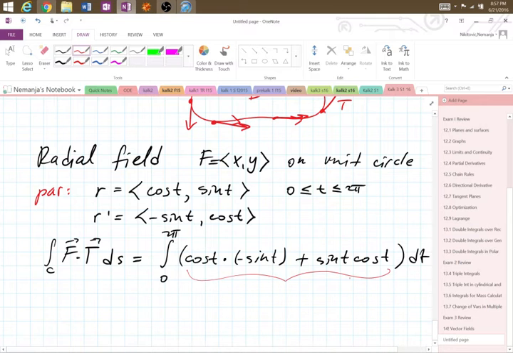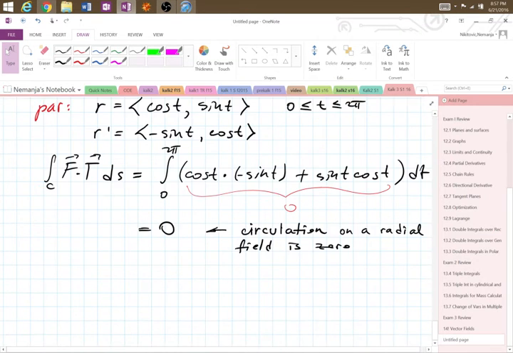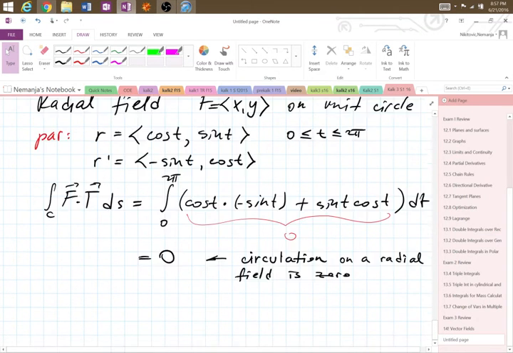So this thing is 0, you integrate that, you get 0. Circulation on a radial field is 0.